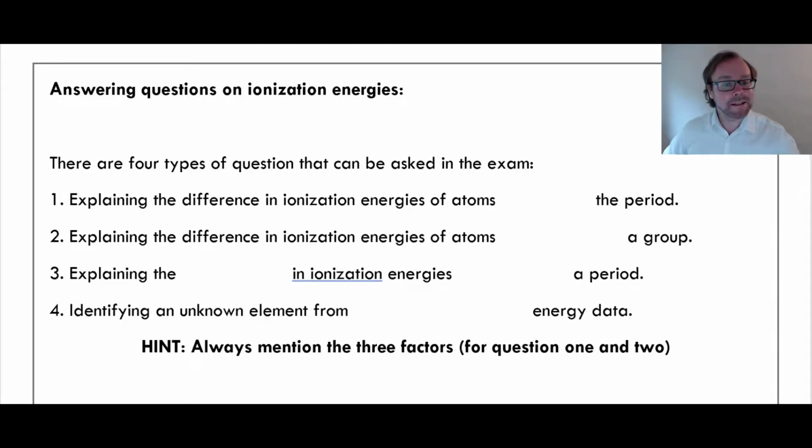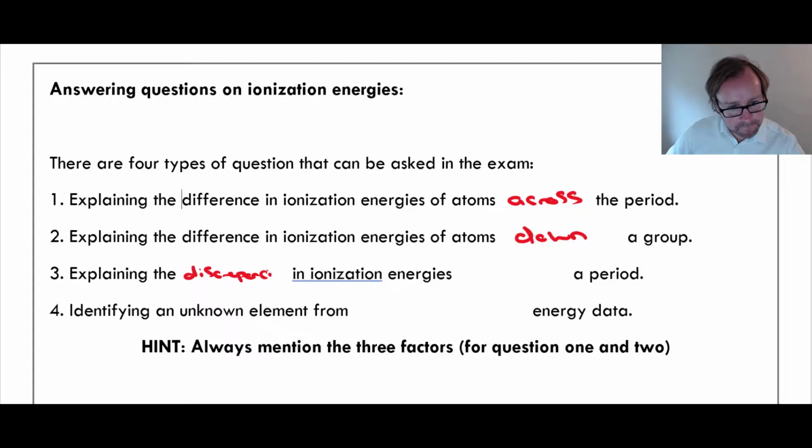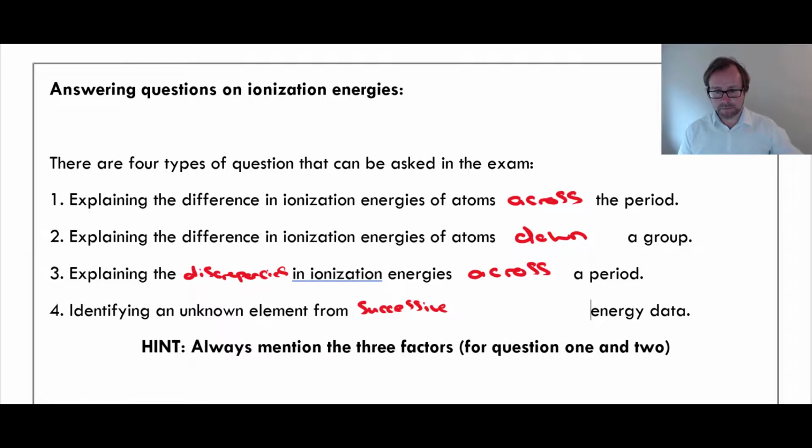Explaining the difference in ionization energies of atoms across the period in general, explaining the difference in ionization energies of atoms down a group, explaining the discrepancies in ionization energies across a period, and identifying an unknown element from successive ionization energy data. Let's make it slightly bigger.